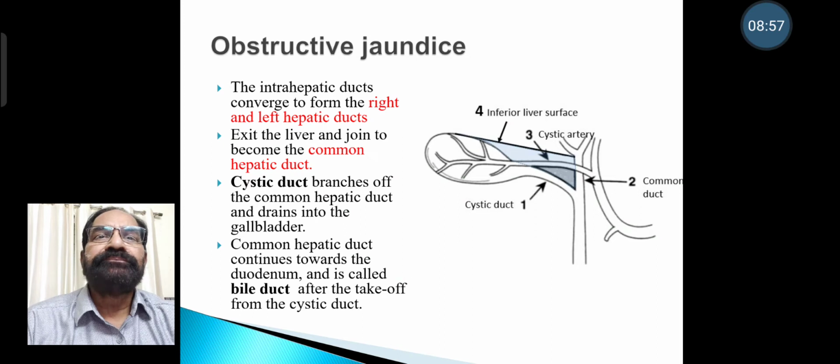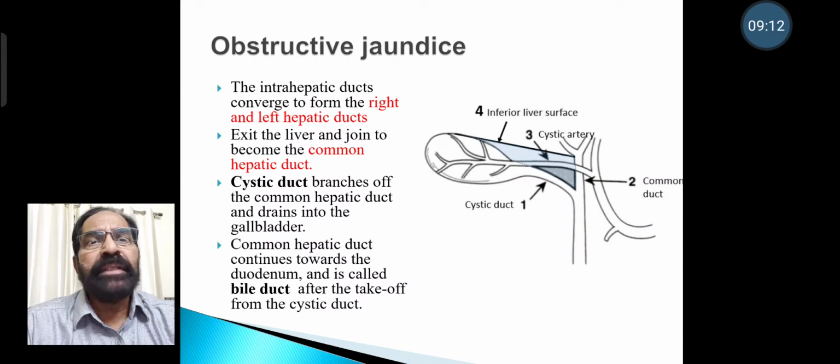Obstructive jaundice. The intrahepatic ducts converge to form the right and left hepatic ducts, exit the liver and join to become the common hepatic duct. The cystic duct branches off from the common hepatic duct and drains into the gallbladder. The common hepatic duct continues towards the duodenum and is called the bile duct after its takeoff from the cystic duct.